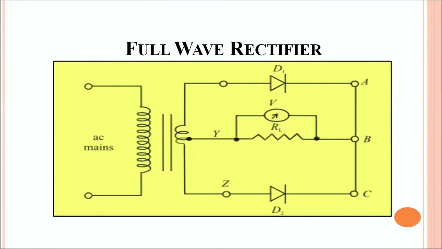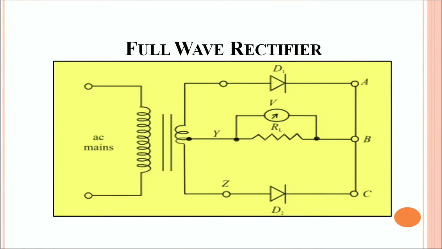Now, during one half of the cycle, the diode D1 is forward biased while the diode D2 is reverse biased. Therefore, the current conducts through D1 and a voltage drop is measured across RL.